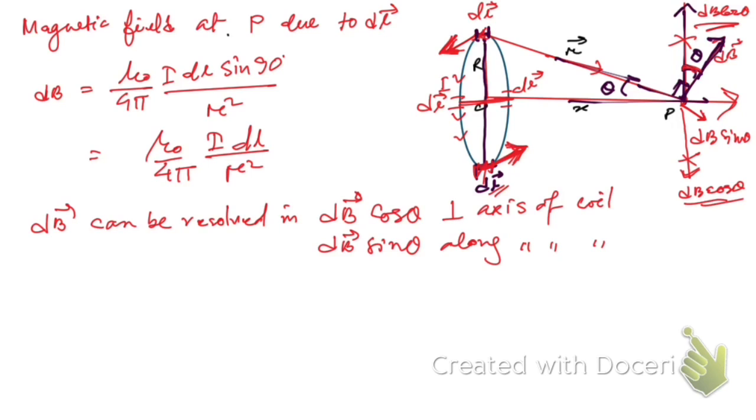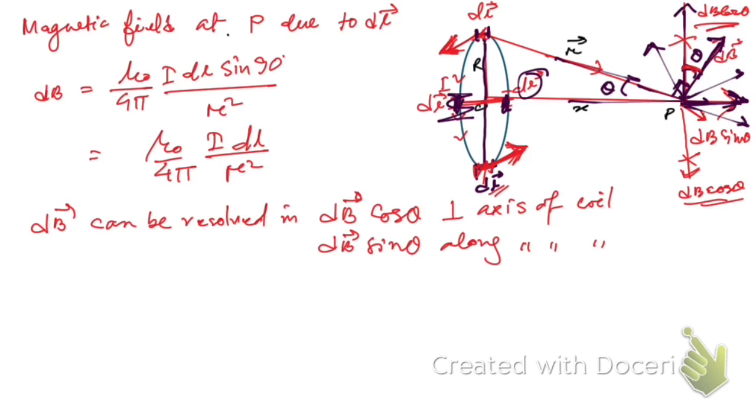Okay, now if you consider these two elements, suppose the magnetic field due to this element is in this direction, it will also have perpendicular components to this axis, one being a horizontal component. Similarly, due to this one, suppose it is in this direction, it will also have perpendicular components.